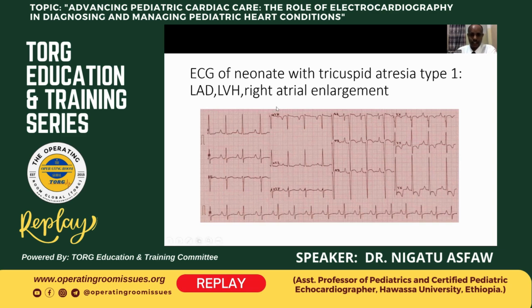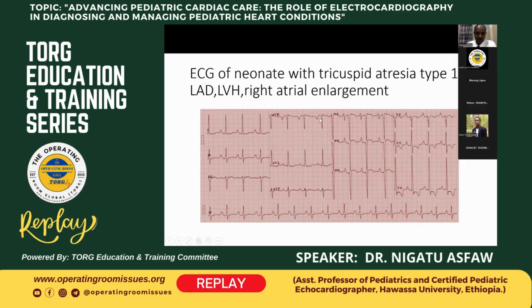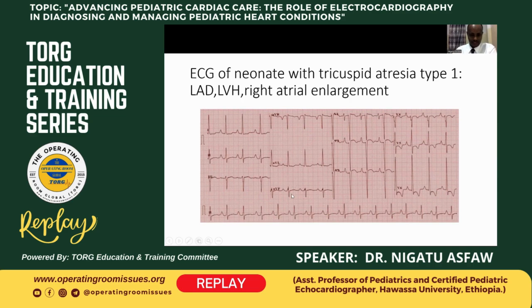And this is the ECG of a neonate with tricuspid atresia type 1. And you can see there is right axis deviation. And as I said earlier, there is right side dominance in the neonate. So if there is right axis deviation, that is abnormal. So that may show there is no right ventricular dominance, which is associated with tricuspid atresia.